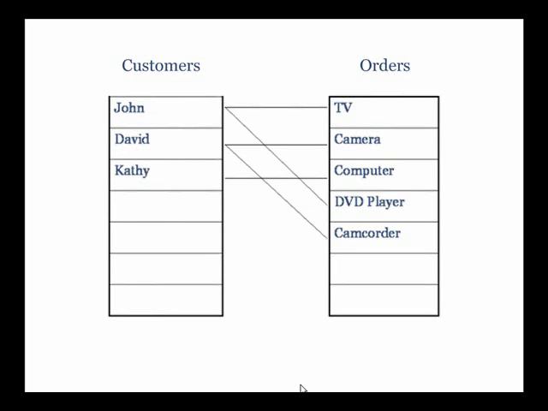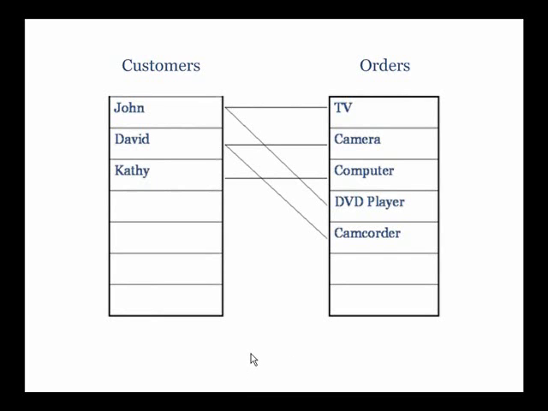When he buys a camcorder, we don't need to add his information to the table. We just add a relationship between David and the camcorder in the products table. That way we are not storing customer information more than once. We're just storing it in one place. And even if he buys 100 things from our store, we just refer those 100 things to that customer row in the customers table.